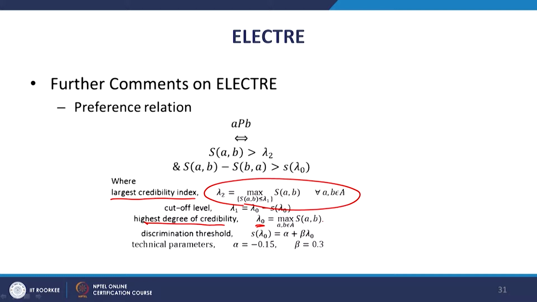So if you look at this matrix S(A, B), the element having the maximum value from this matrix is assigned as lambda 0, and from there we can compute the discrimination threshold, which is given by this particular equation: s(lambda 0) equals alpha plus beta lambda 0, where alpha and beta are technical parameters.